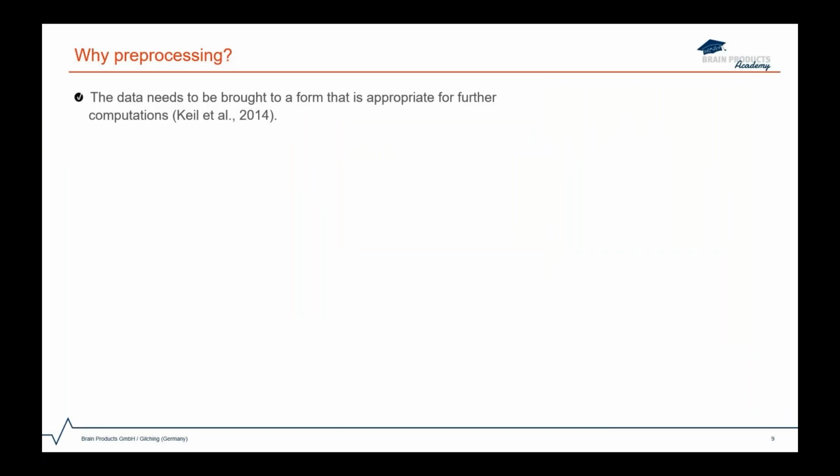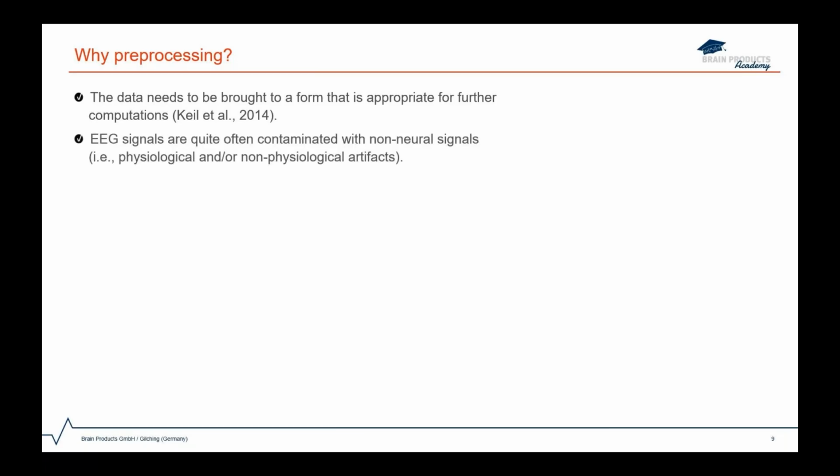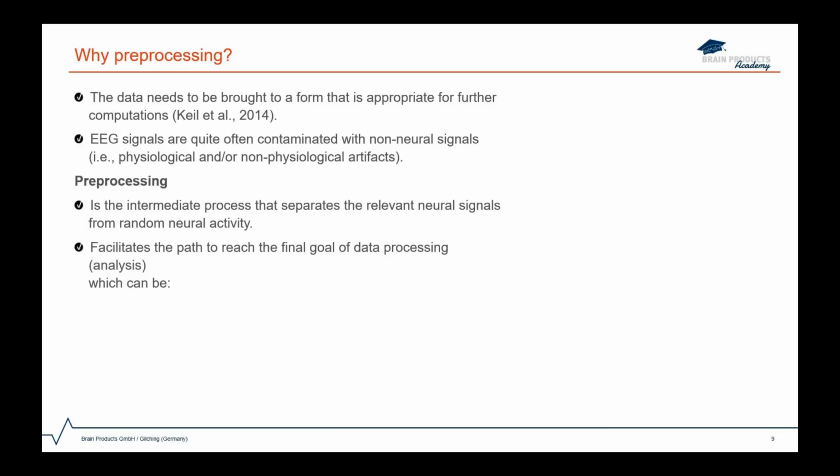So why preprocessing? Raw data as we receive it is often not suitable for analysis and needs to be brought into a form which is appropriate for further computations. And of course, EEG signals are quite often contaminated with non-neural signals, which can be from physiological or non-physiological artifacts. In this way, preprocessing is the intermediate process that separates the relevant neural signals from random neural activity.